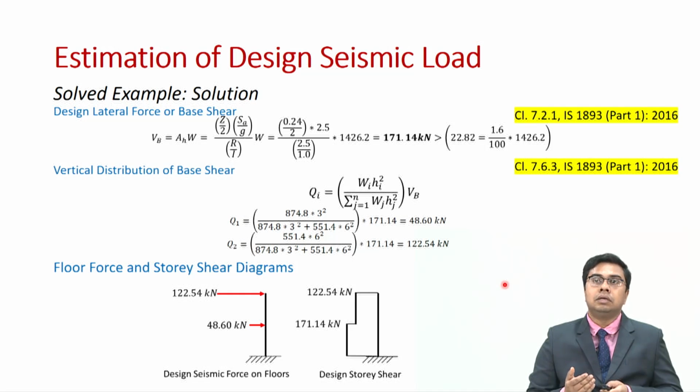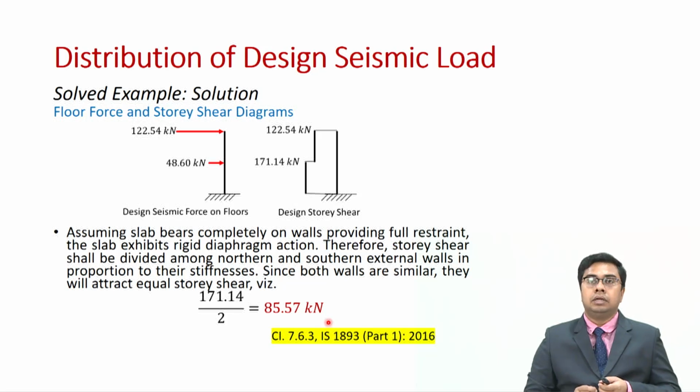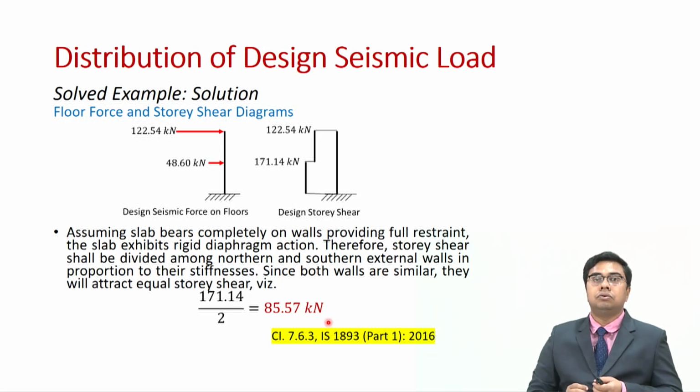In our case, we were fortunate that these two walls are identical in terms of material as well as geometry, and therefore they have very similar stiffness, and that is how we can tell that each of them will attract equal story shear, which is 85.57 kilonewton.